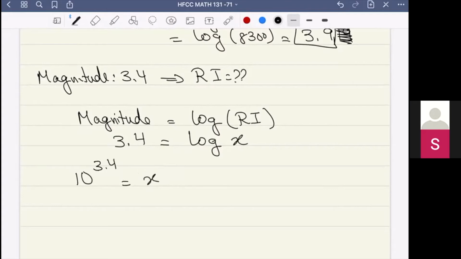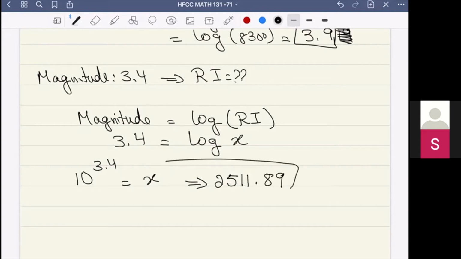If I do 10 to the power 3.4, it's 2511.89.